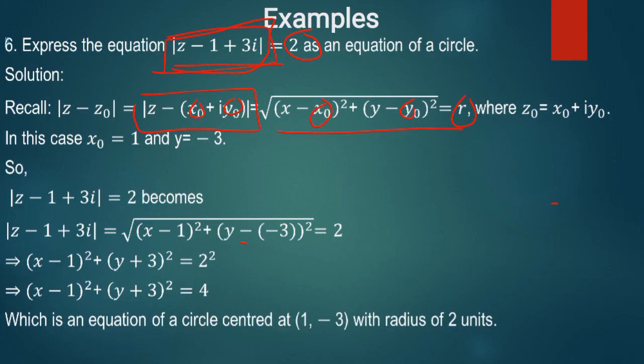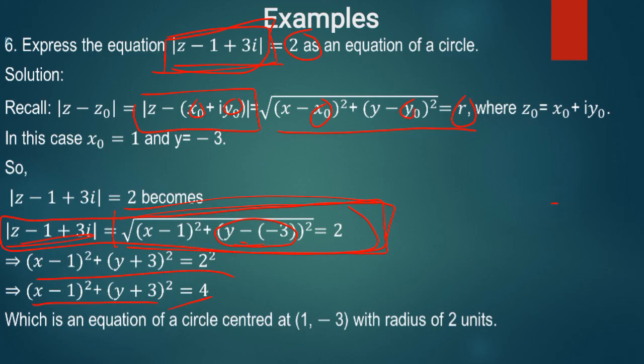You just substitute everything back to get what you have here. Okay, so after that, you simplify. First, you square both sides of this equation to arrive at this, simplifying the terms in here. Okay, and 2 squared is 4, and this remains the same.